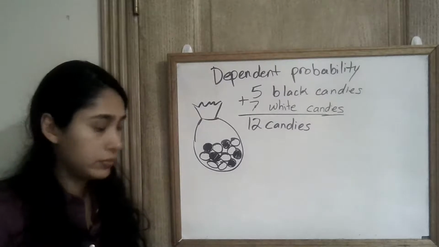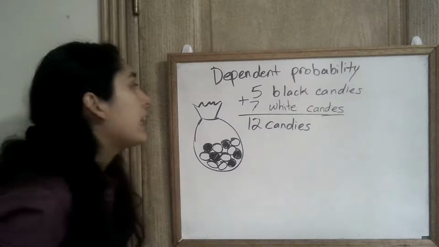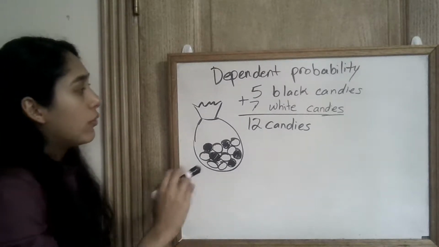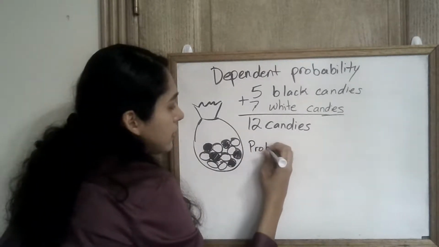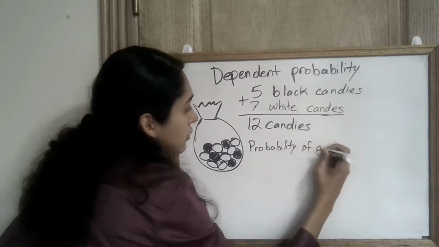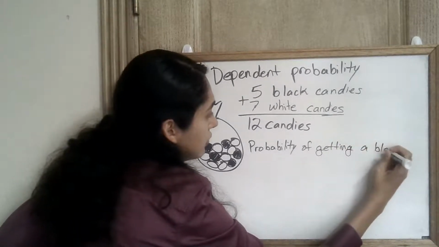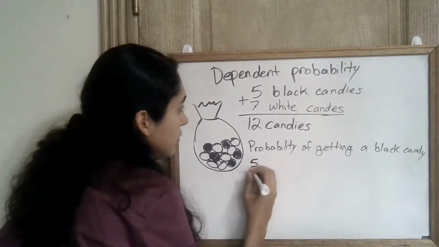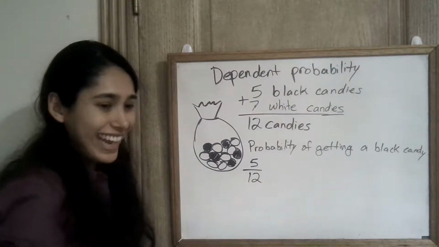There you go. So if I'm talking about the probability of me getting a black candy, it's going to be 5 out of 12. But let's say I eat the candy.